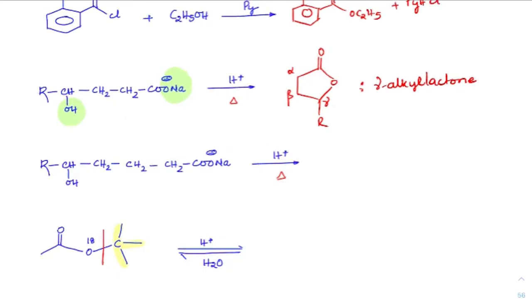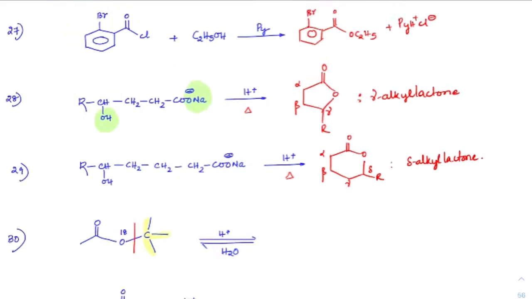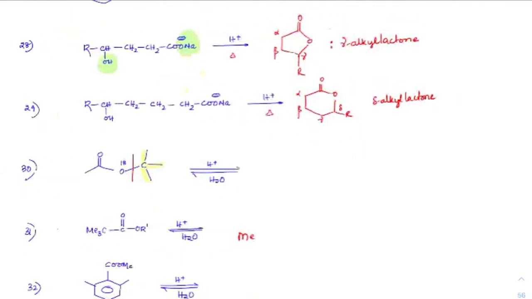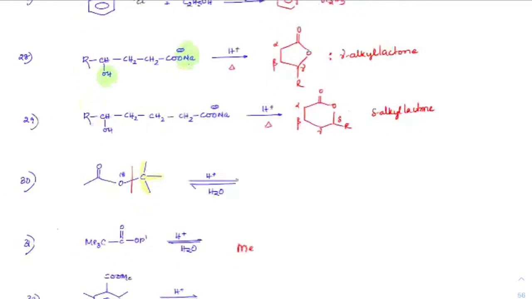Here also it is the same, alkyl lactone with one CH2 extra, which means it will have a 6-membered ring now, with R here. Now this is alpha, beta, gamma, delta. So this will be delta alkyl lactone. Finished?